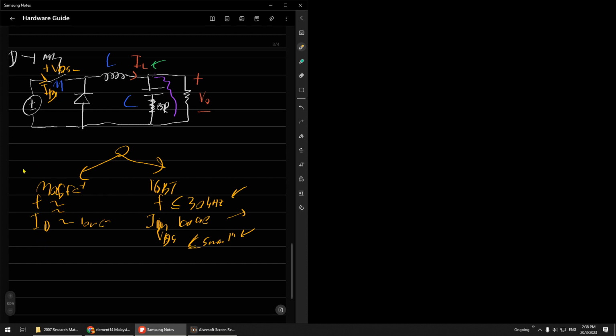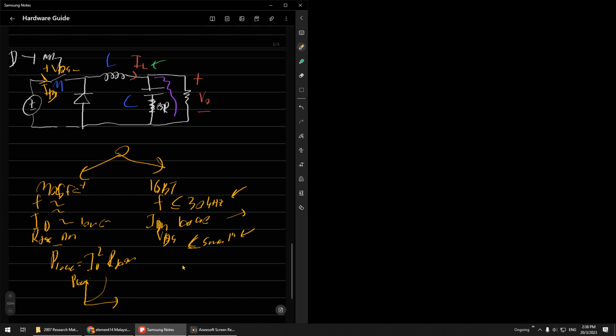But the problem with the MOSFET is RDS on. That is also a problem. RDS on means power loss equals ID squared times RDS on. Means that the higher the current, the higher the losses. So P loss is exponential.